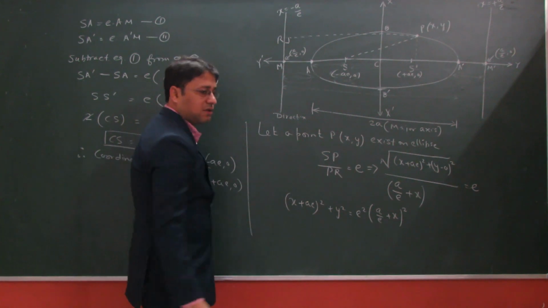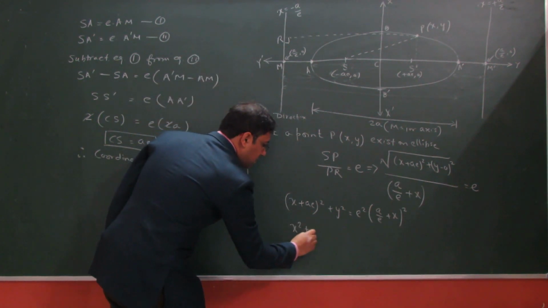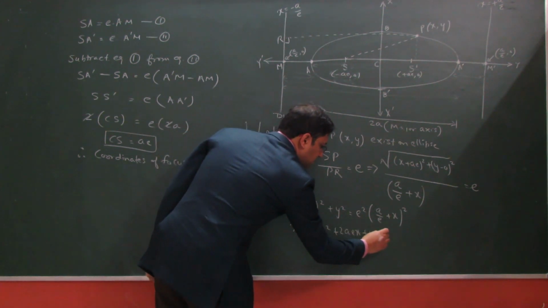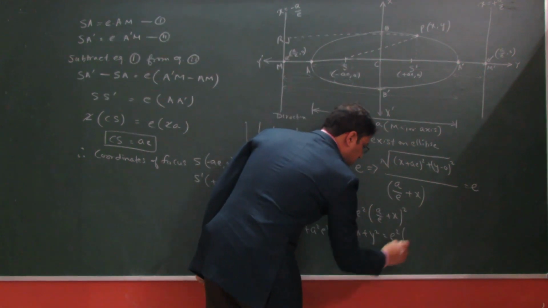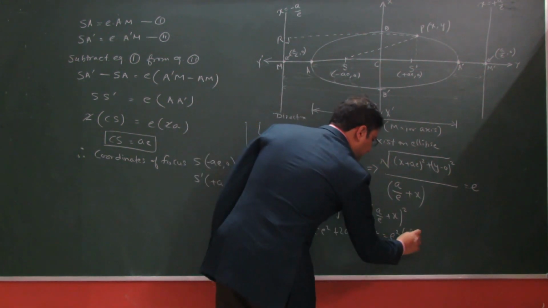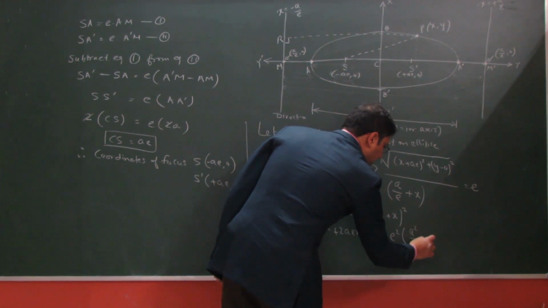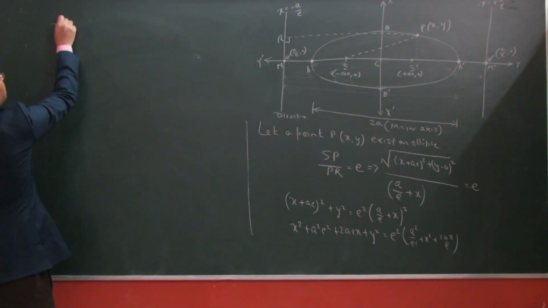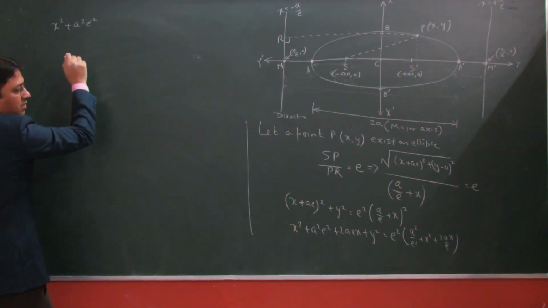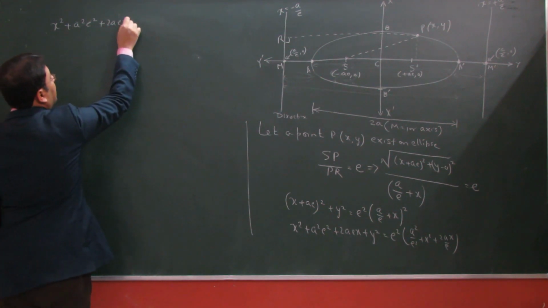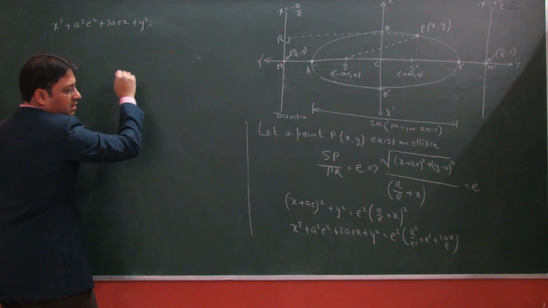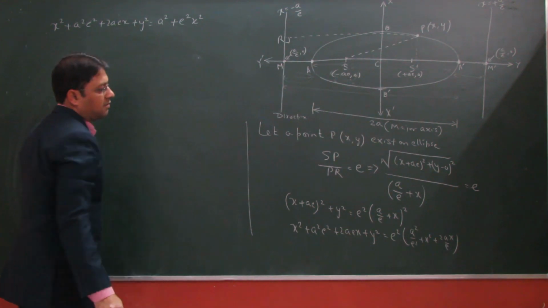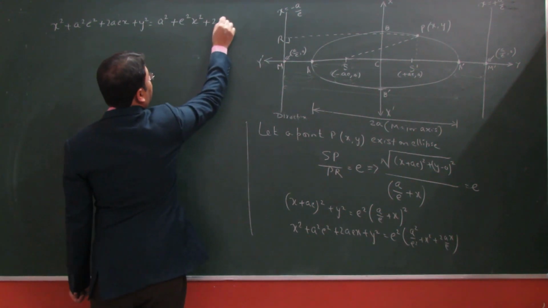If we further solve it, we will get x square plus A square E square plus 2AEx plus y square equal to A square plus E square x square plus 2AEx.